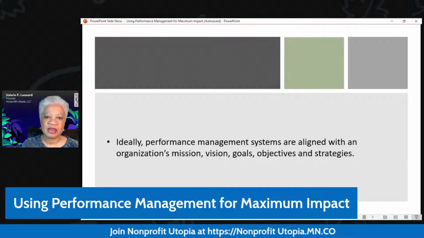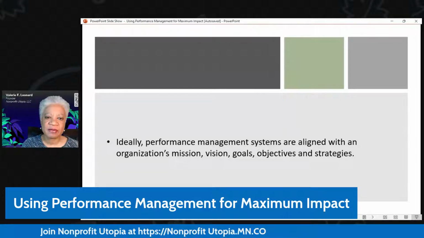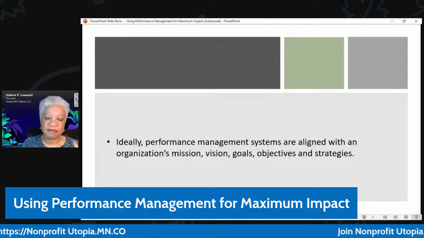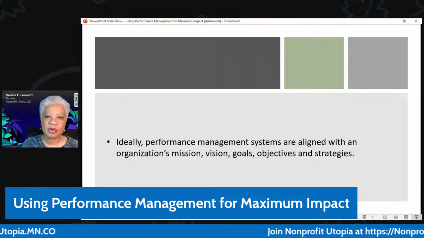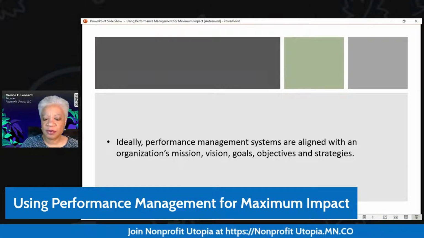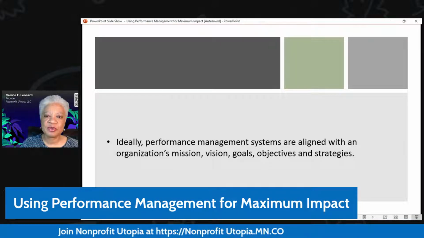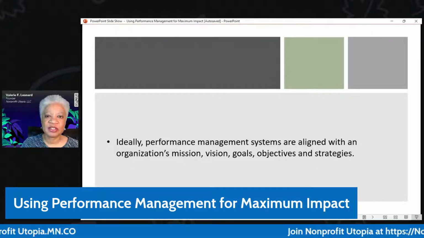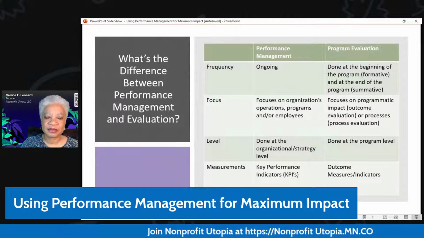There should be goals and objectives set with input not only from the board and chief staff, but also from the people who are on the front lines doing the work. So you want the performance management system to actually be useful in determining how well you are managing your mission, your vision, goals, and objectives, and your strategies.